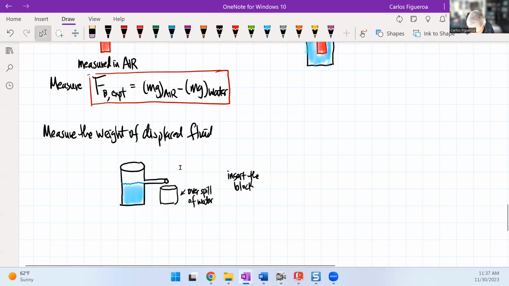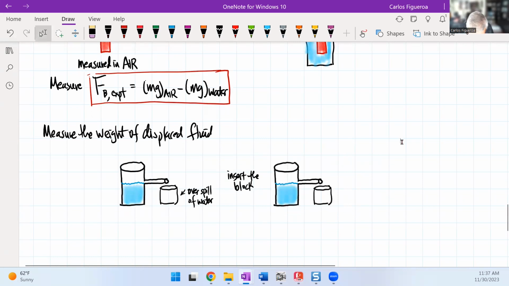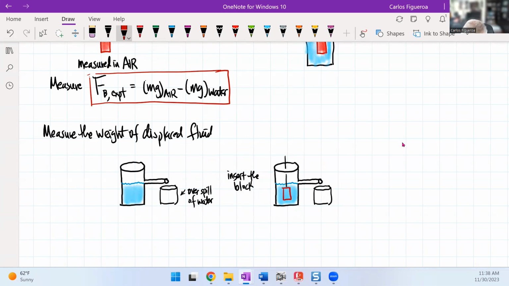So when you do that, what actually happens? If I copy this and put it over here again, you have your stream coming in, and then the block raises the level of the water and water starts pouring out. At some point the water is going to stop flowing, because it doesn't get up to that one point, but guess what? That's the displaced water.